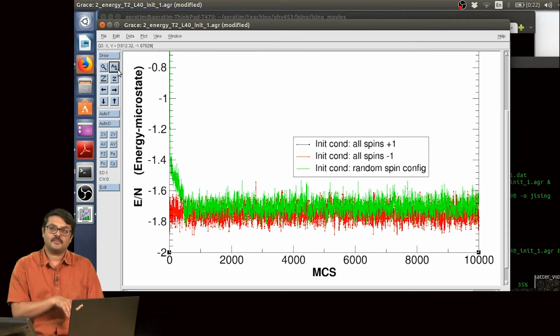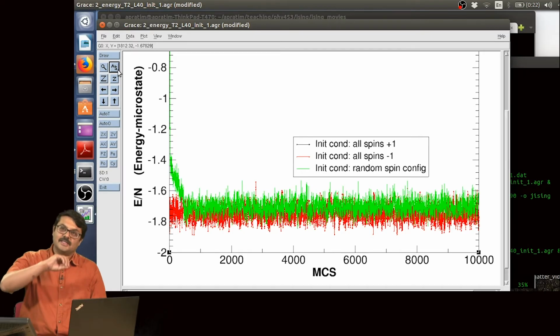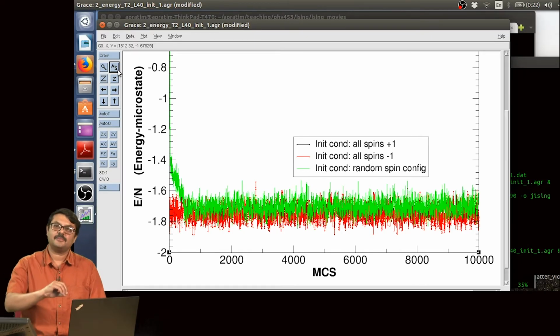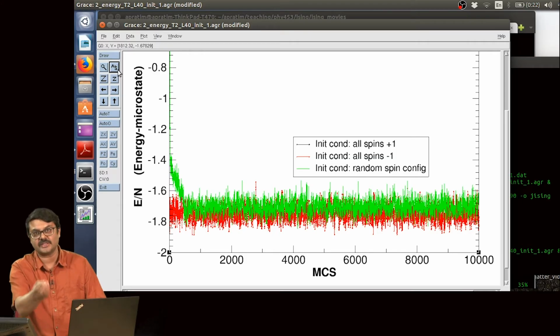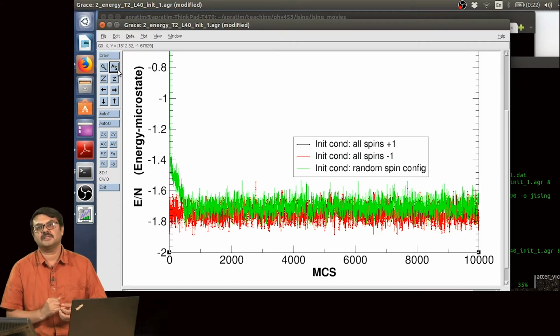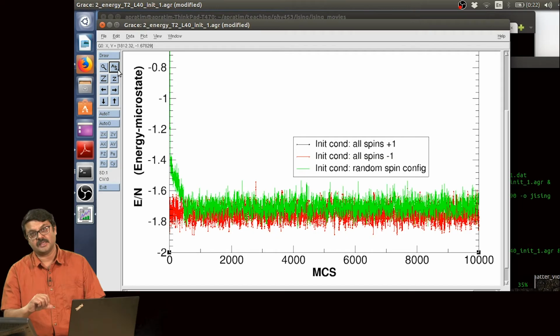When you start from all spins pointing in the negative direction, exactly the same spins are now being flipped up, because the random number sequence is the same. Even the random choice of the spins chosen for trial flips is the same.